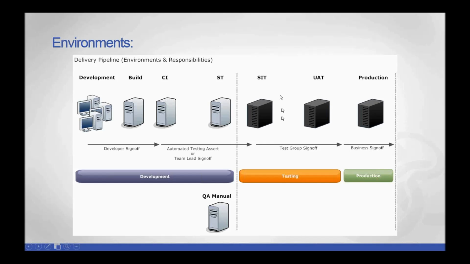This is the stage where everything that the developers have created is being passed on to the QAs. The system integration testing environment is where the tests are more expensive than testing on these environments here.